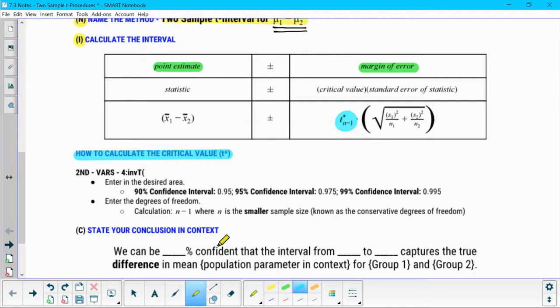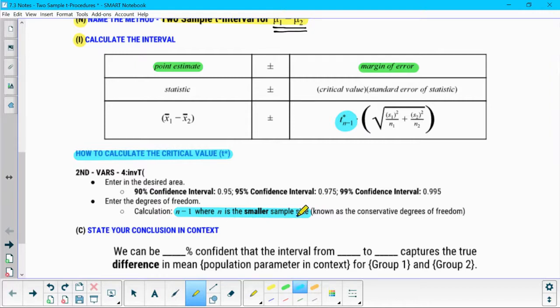So what we do is we call this the conservative degree of freedom, meaning there is a long formula for getting the exact degree of freedom. They do not require that you do that on the AP exam. They say that you can use the conservative one, which is n minus 1, where n is the smaller sample size.